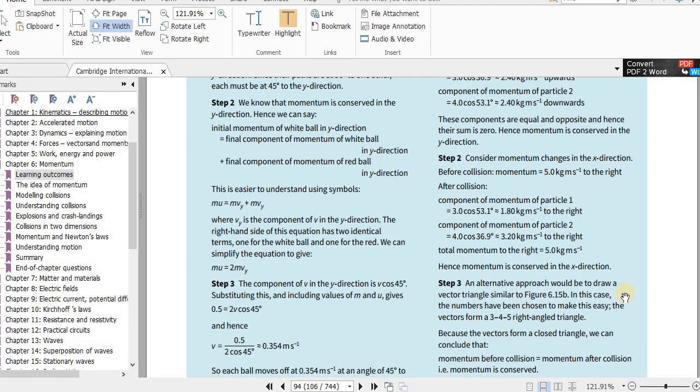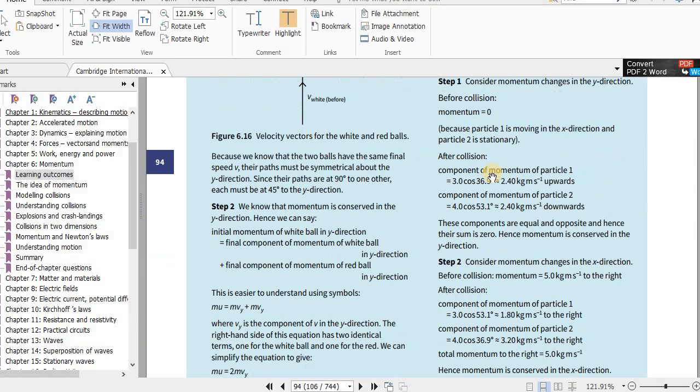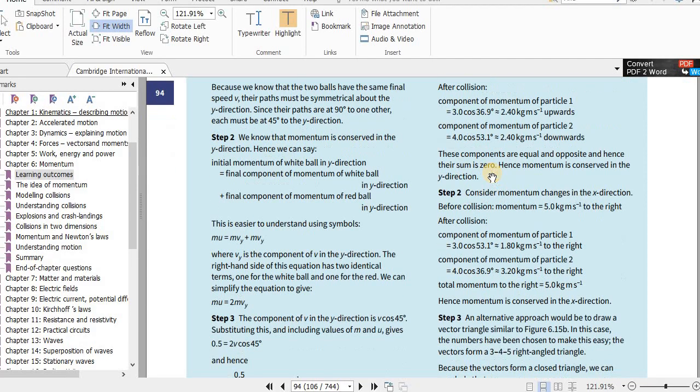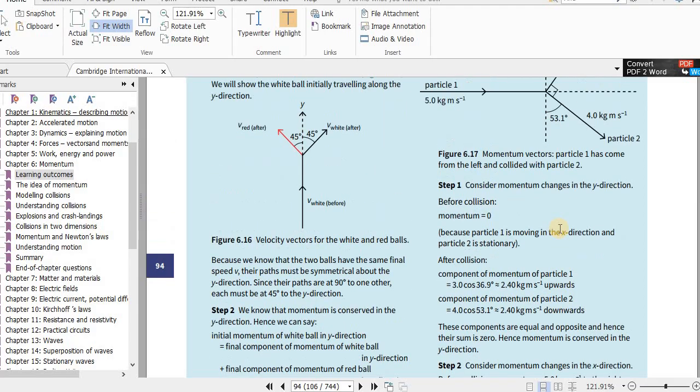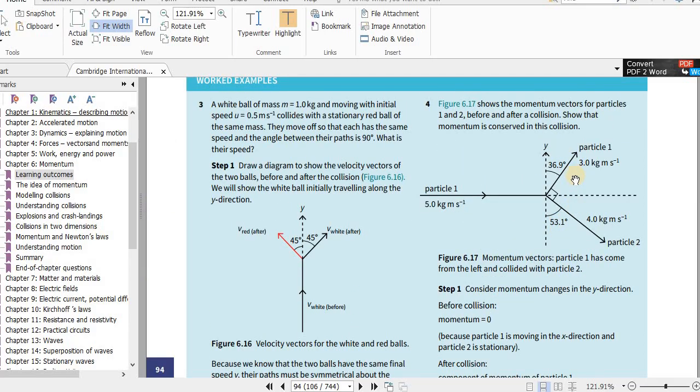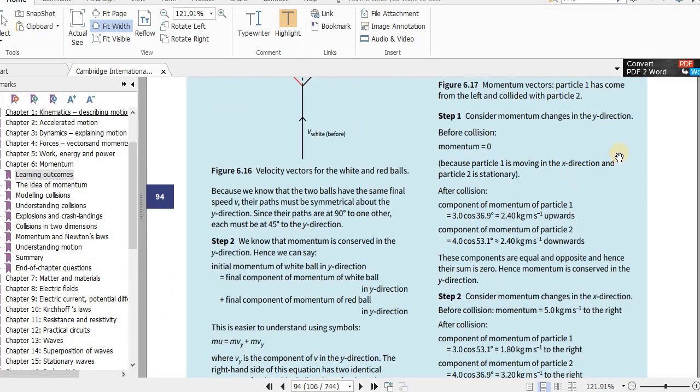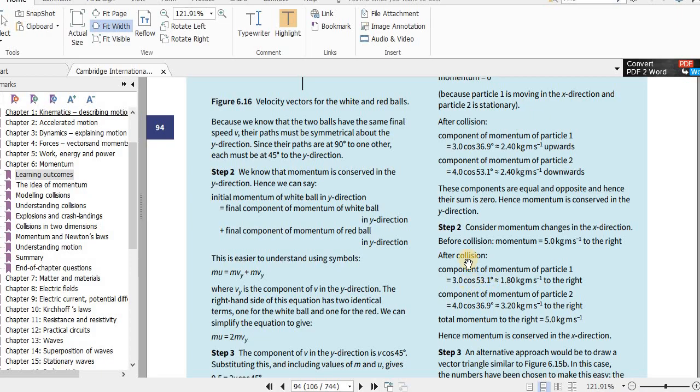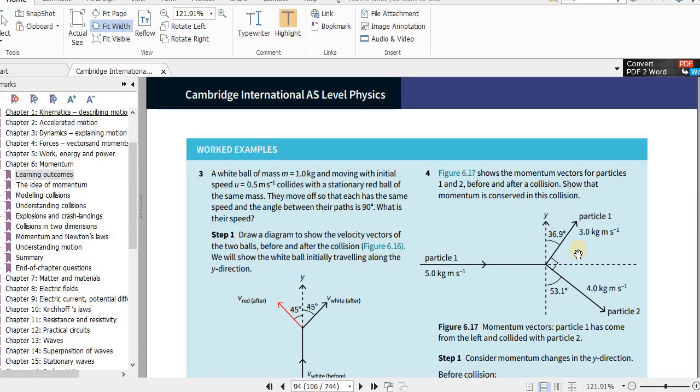Consider momentum changes in the x direction. Before collision, momentum equals 5 kg m per second to the right. After collision, we can consider the x direction also now. You can take sine of this, which is the same as cosine of this angle here.